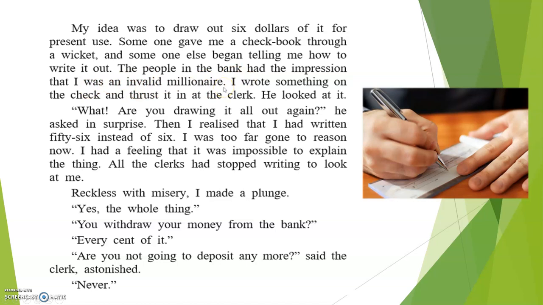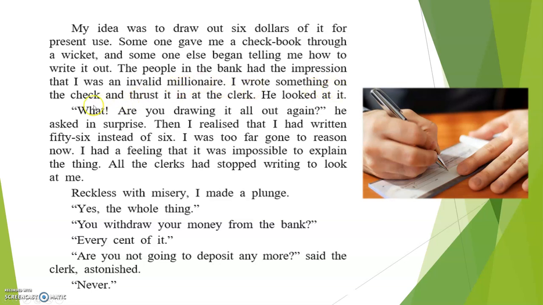Now, what do you understand by invalid millionaire? Millionaire means to be extremely rich, but not purposeful. Okay, means he's a millionaire. Sometimes people have a lot of money, but they don't know how to use it. So that is what they thought of him, that he was an invalid millionaire.